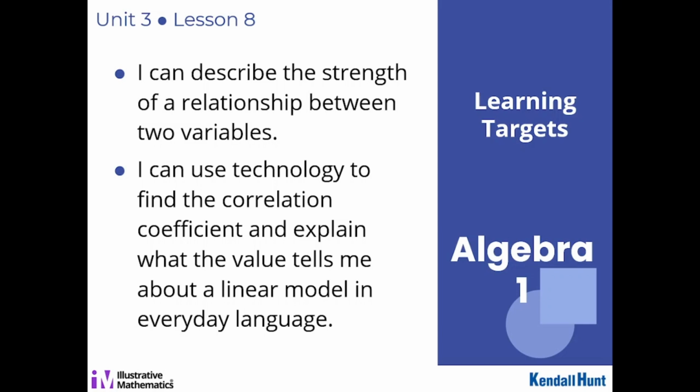You can use something like the Desmos.com calculator, have it calculate your correlation coefficient, and then use that correlation coefficient to decide whether you have a strong correlation, a moderate correlation, or a weak correlation, as well as a positive correlation or a negative correlation.